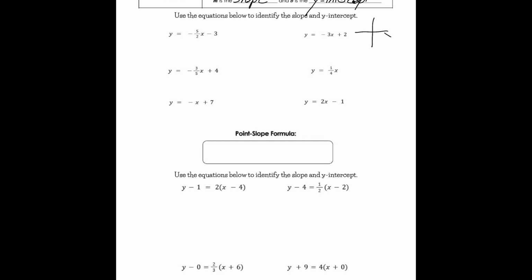If we have a line that goes there, this spot right here is our y-intercept. All right, so now that we have some of these things defined, y equals mx plus b, that's our slope-intercept form. We know that m equals the slope, and b is the y-intercept.